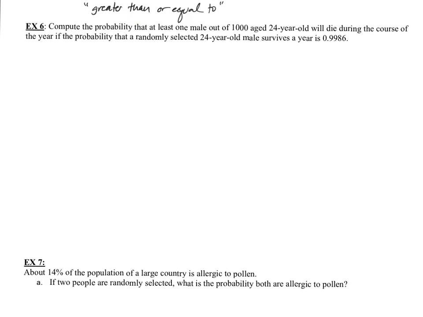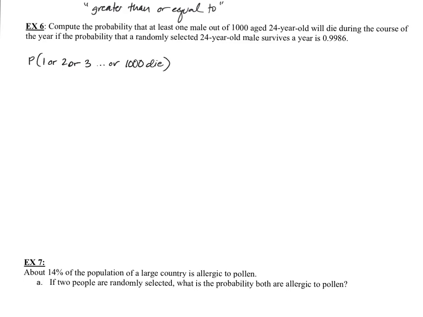Well, what are we trying to find? We want to find that at least one will die. We're trying to look at the probability that one or more will die. So, probability of 1 or 2 or 3 or 1,000 will die.